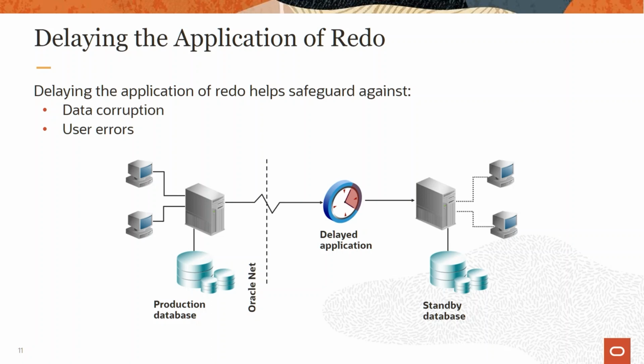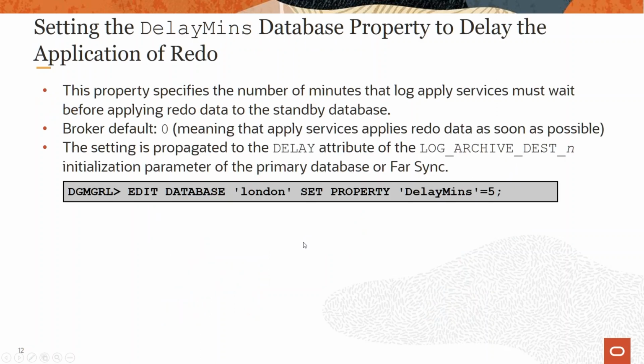But these days, we have a better option, the flashback option. You can flash back the primary database and synchronize the standby database easily. In 19c, we have an automatic solution as well, which we're going to discuss later on. But if you still use this feature, you can change it: DELAY_MIN equals 5.